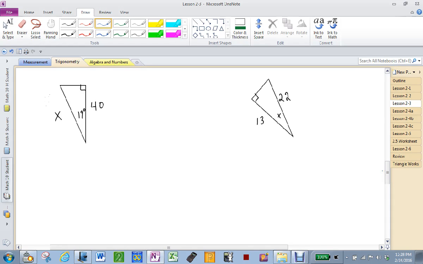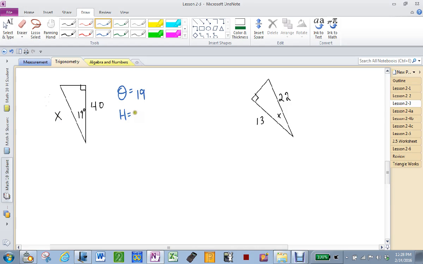Look at the next one. Do I have a triangle? Wait. It's on the next page for you guys. Do I have a triangle? Does that triangle have a theta? What is it? 19. Do I have a hypotenuse?